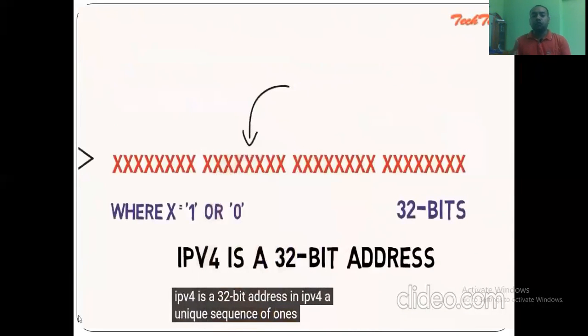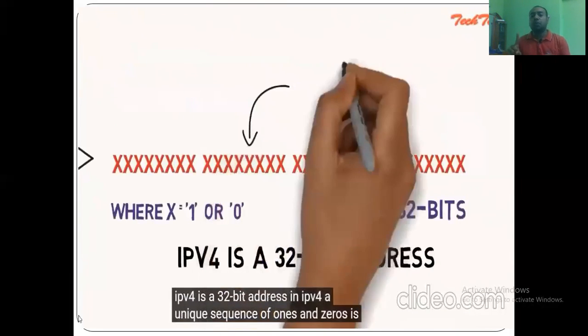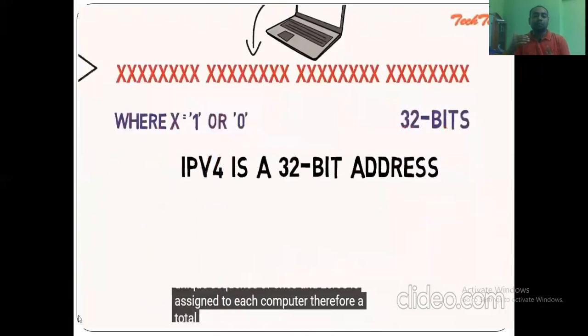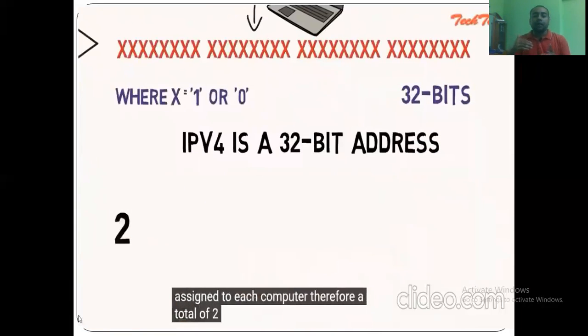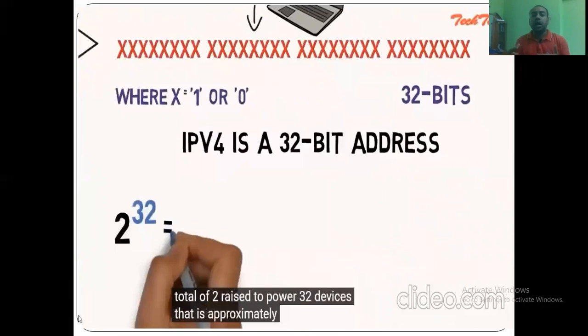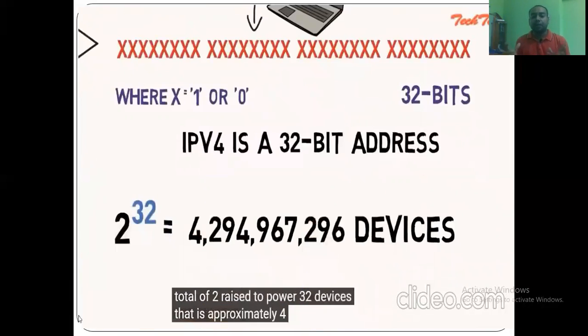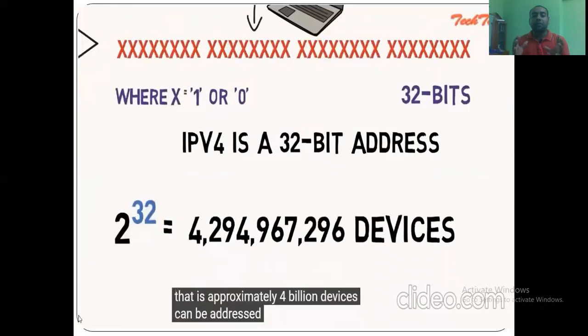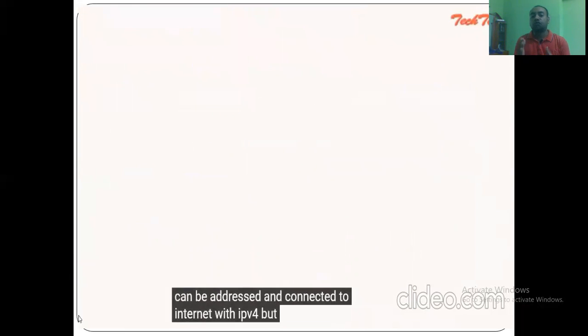In IP version 4, a unique sequence of ones and zeros is assigned to each computer. Therefore, a total of 2 raised to the power 32 devices, that is approximately 4 billion devices, can be addressed and connected to the internet with IP version 4.